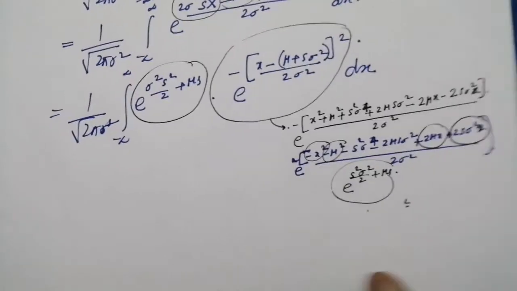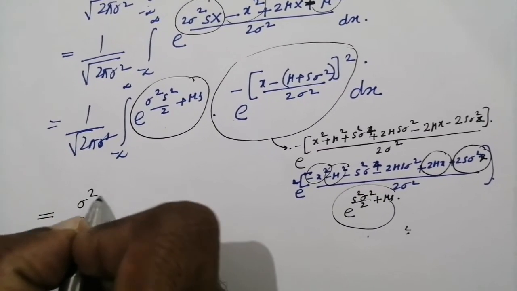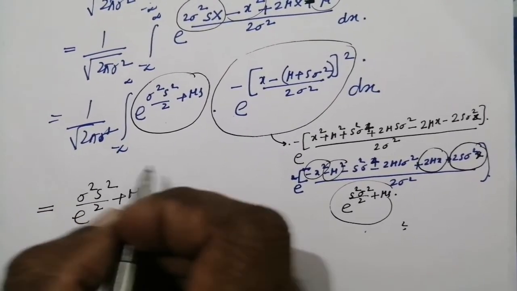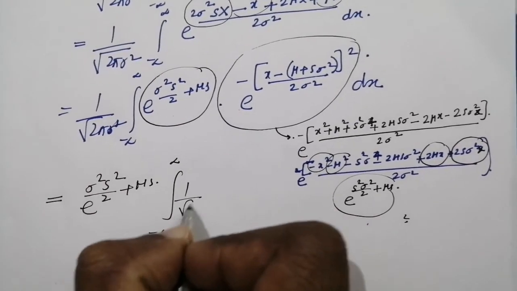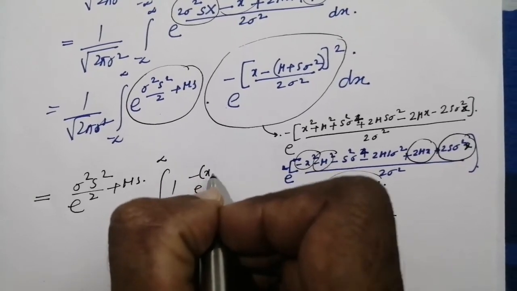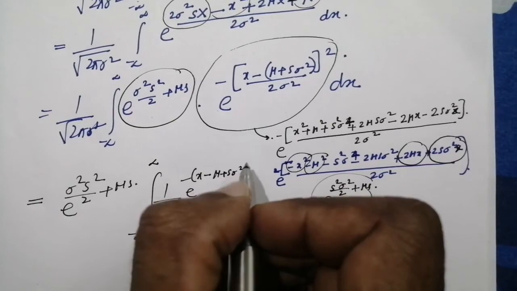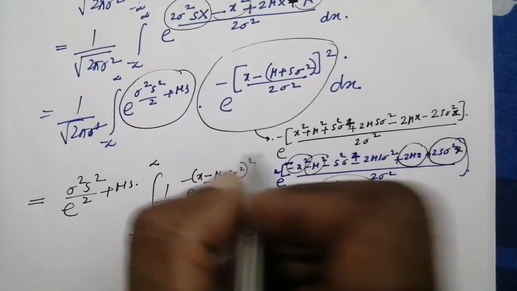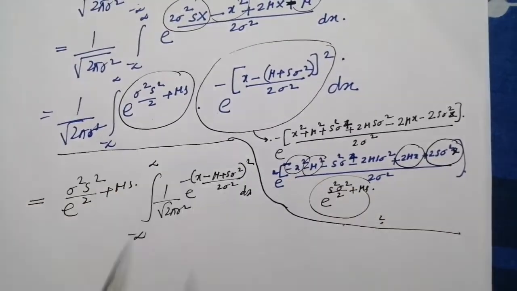Anyway, so this can be written as e raised to sigma square s square by 2 plus mu s, into integral from minus infinity to plus infinity of 1 by root of 2 pi sigma square e raised to minus of (x minus mu plus s sigma square) the whole square by 2 sigma square, dx. Right.